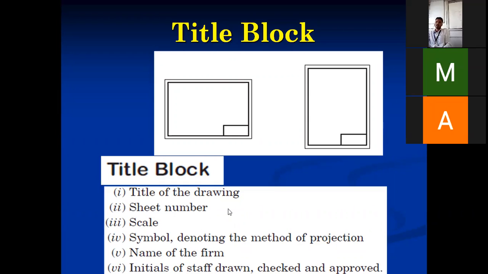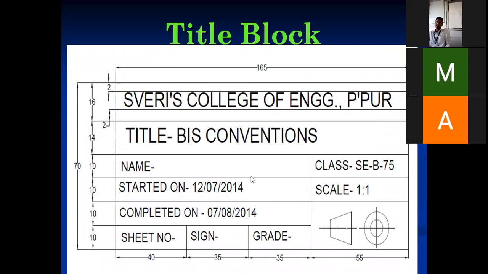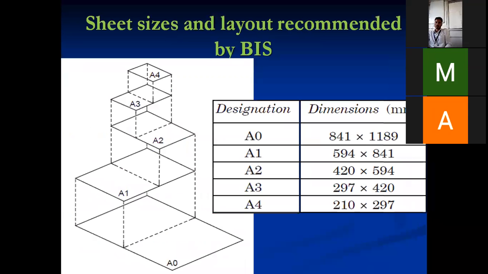The title block is nothing but the board. Once we read the title block, we immediately come to know what is in this drawing. These things we have already discussed. Then I showed a typical title block, which we also discussed. For offline cases, once we start drawing, this is important. So today we will see this title. What are you observing on the screen?